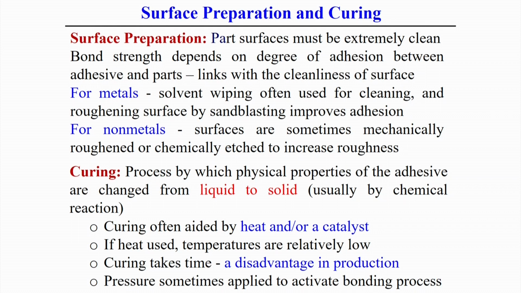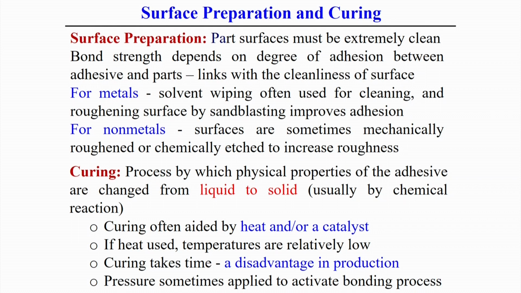Part surfaces must be extremely clean, because the bond strength depends on the degree of adhesion between the surface and the adhesive, and that is very much linked to the cleanliness of the surface. Therefore, an extremely clean surface is required in this case.